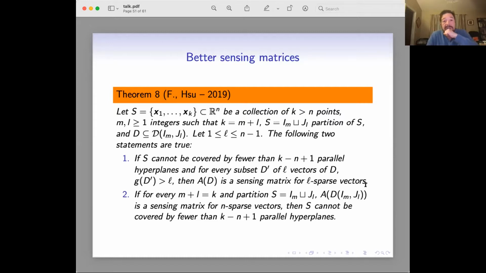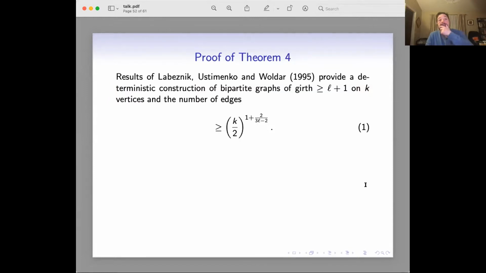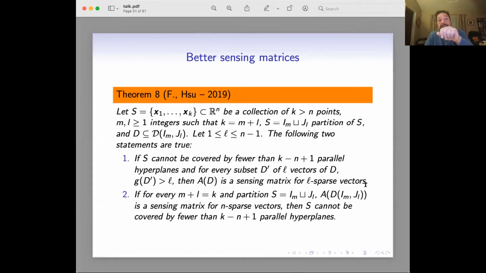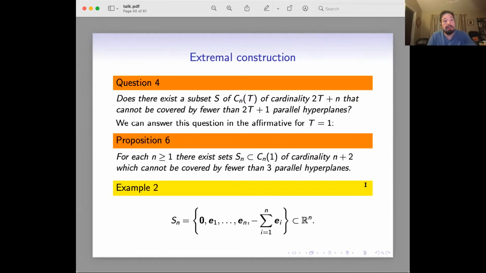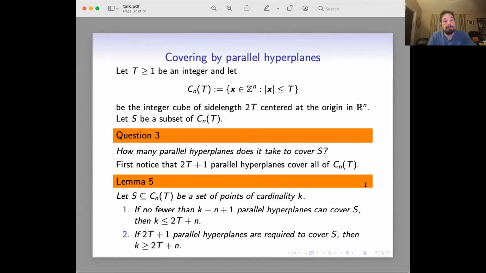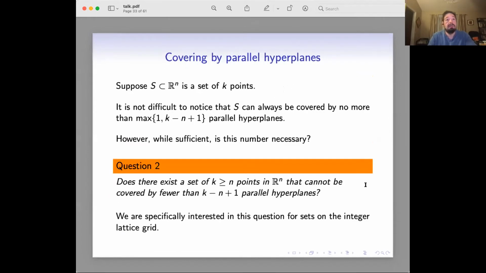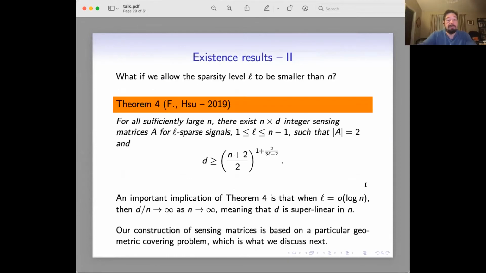So let's see what this does for our specific sets, which were built on the 0, 1, minus 1 grid. Essentially what I'm going to do is use this theorem to prove our original theorem. Let me remind you, the original theorem that I want to prove is this one.